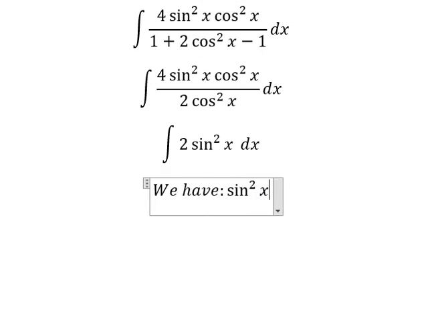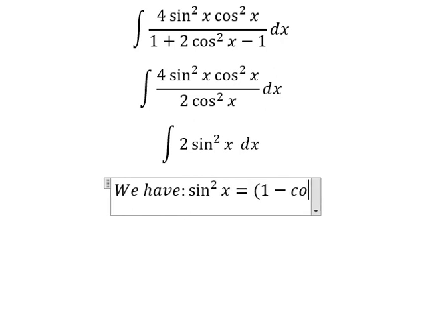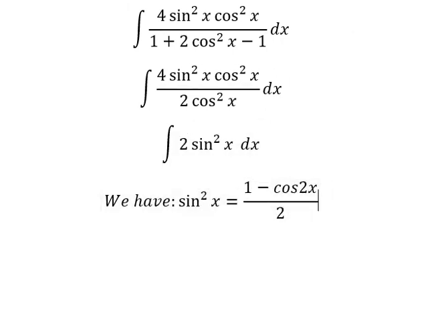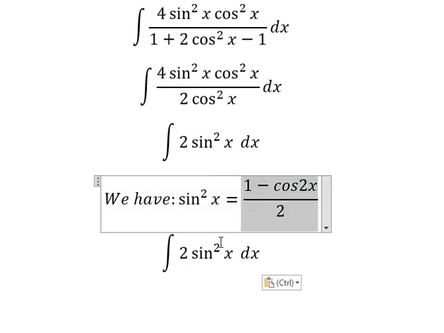Sine x squared equals 1 minus cosine 2x over number 2. So I need to put this one going here.